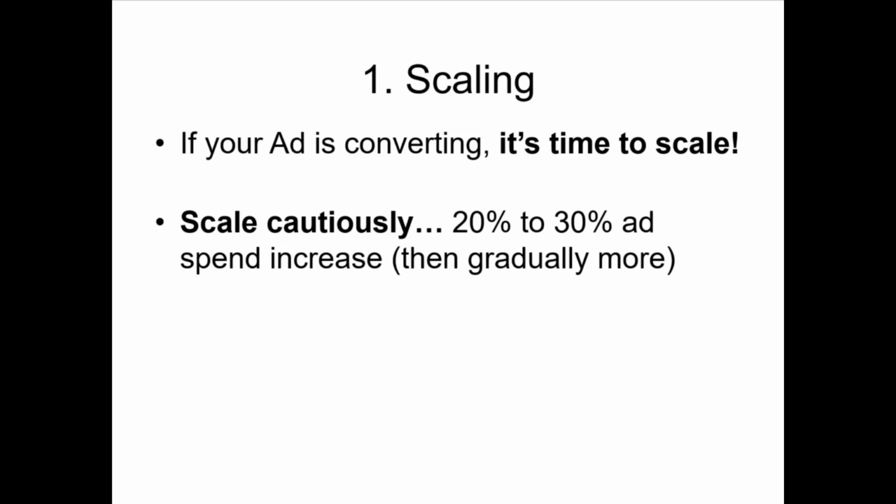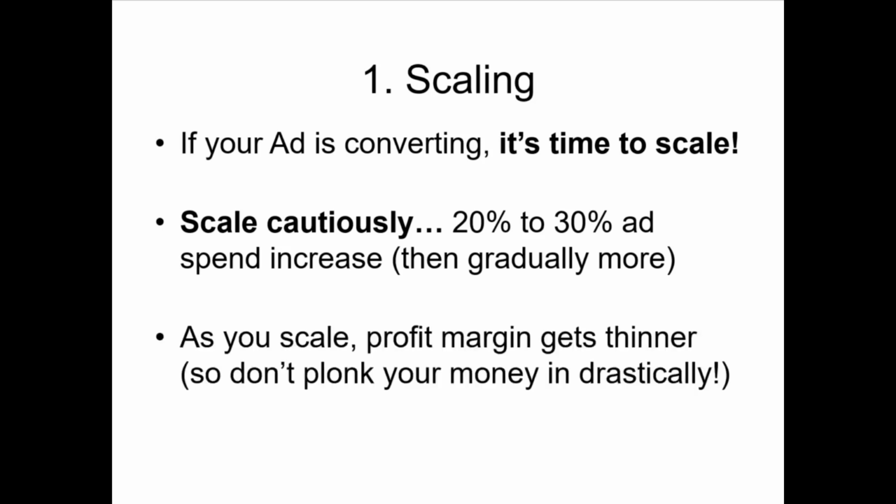So for example, if you have a $100 per day ad set that's doing very well and you intend to spend $300 a day, instead of just editing that ad set and changing it to $300 a day, you want to duplicate that ad set another 2 more times, at $100 each. Because you'll find that Facebook will optimize the ads a lot better than if you try to chuck everything into a single ad set. Now, don't ask me, I'm not the one who made Facebook, okay, but we just find that this seems to work. And just be ready that as you scale, profit margin gets thinner.